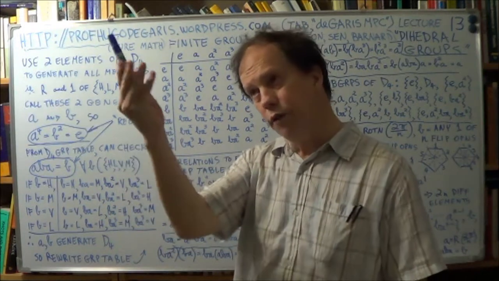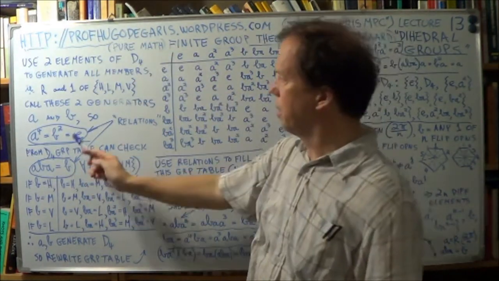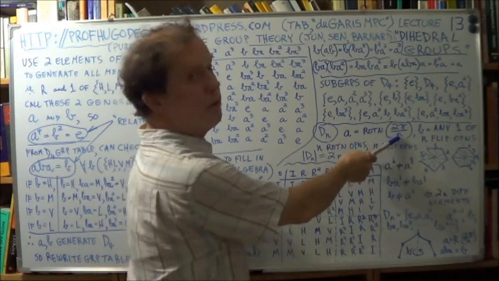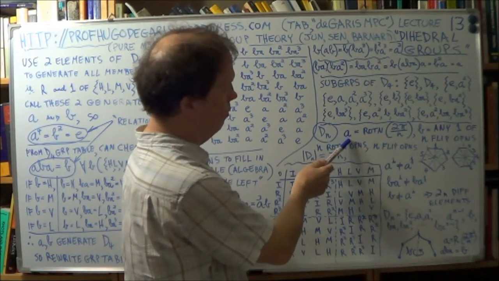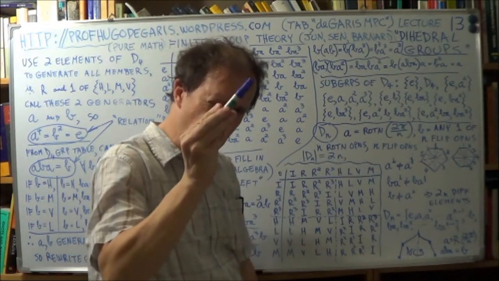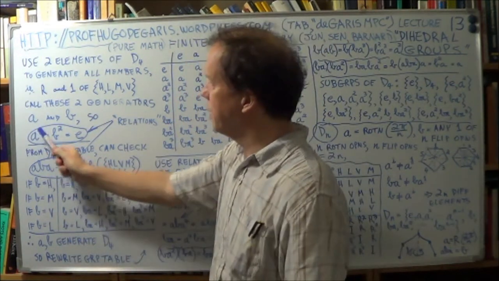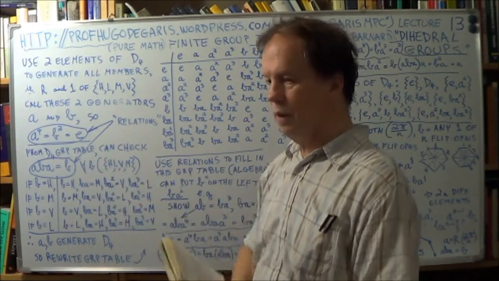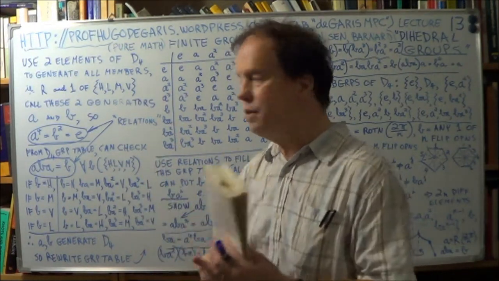Because you have to rotate n times to get back to E. When your generator is this, right? I mean, as n gets larger, this rotation then rotates through smaller and smaller angles. Okay? So you have to raise a to the n here to get E. Now B's are any flip operations. So B squared still is E. Right?